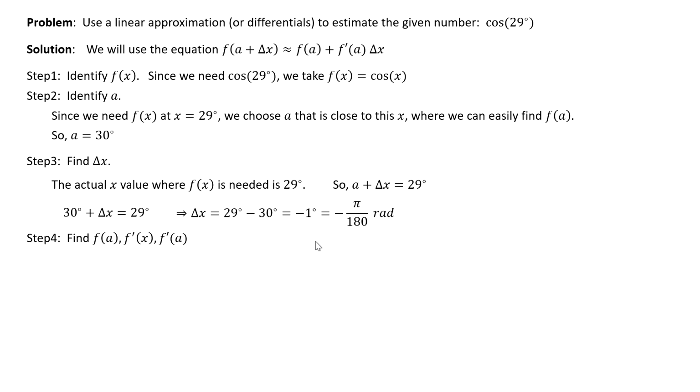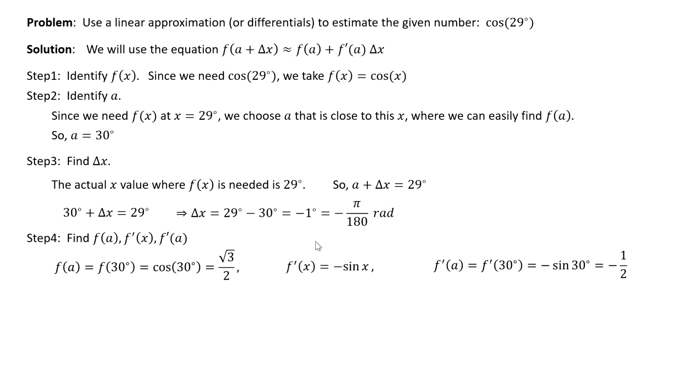Now, as before, let's find f of a, f prime of x, and f prime of a. F of a is f of 30 degrees. Cosine of 30 degrees, like I said, is square root of 3 over 2. F prime of x. What's f prime of x? Negative sine x, right? And f prime of a would be negative sine of 30 degrees. Sine of pi over 6 is positive 1/2.